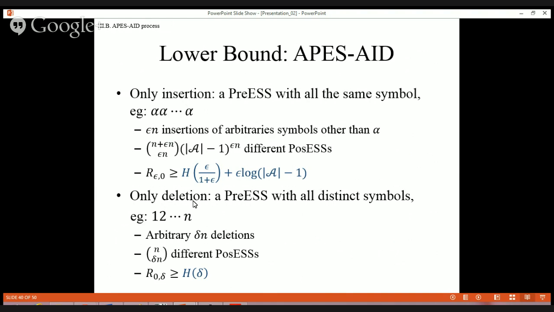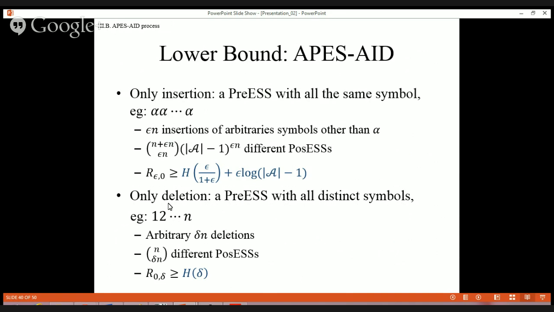For the only deletion process, the pre-added source sequence we find, which will have a large post-added set, is a sequence with all distinct symbols. In this case, too, we are just giving some intuition. In this case, the alphabet size is at least n, which is unbounded.